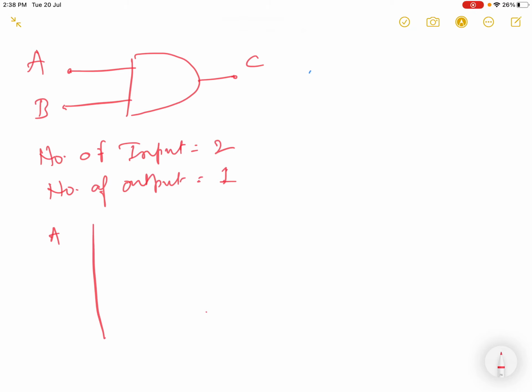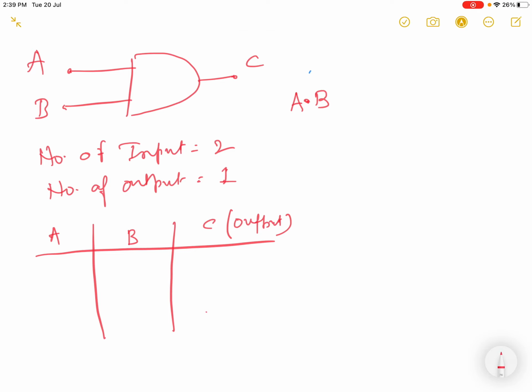A and B are inputs and C is the output. It can be symbolized as A and B. Whenever you see a dot mark between two alphabets, you can easily identify that this is the symbol of the AND gate.